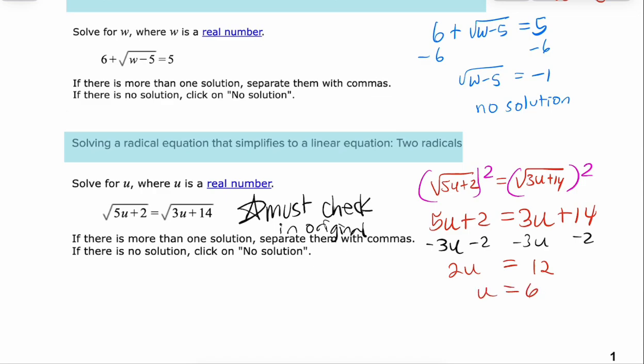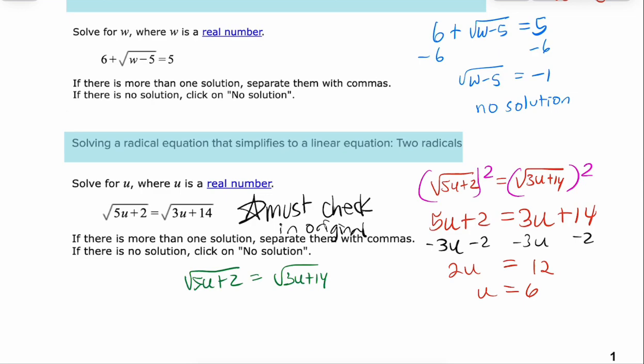Now don't just enter into Alex the number 6 until you have taken one little extra step to check it in the original problem, because it may not work. And that's what's wrong with these. So I'm going to write the original problem one more time. And I'm going to stick in 6.